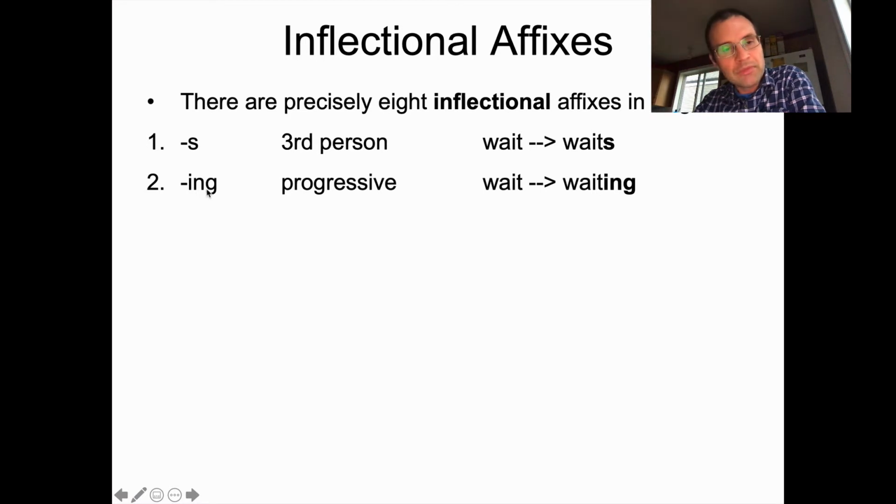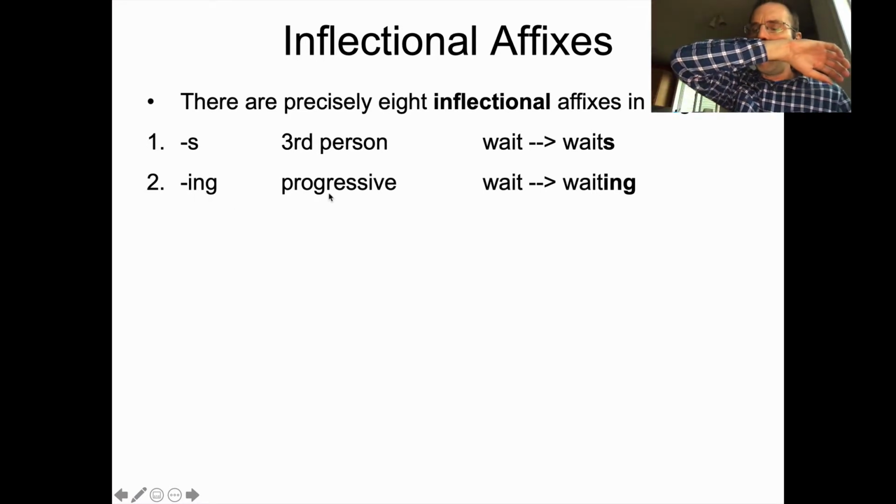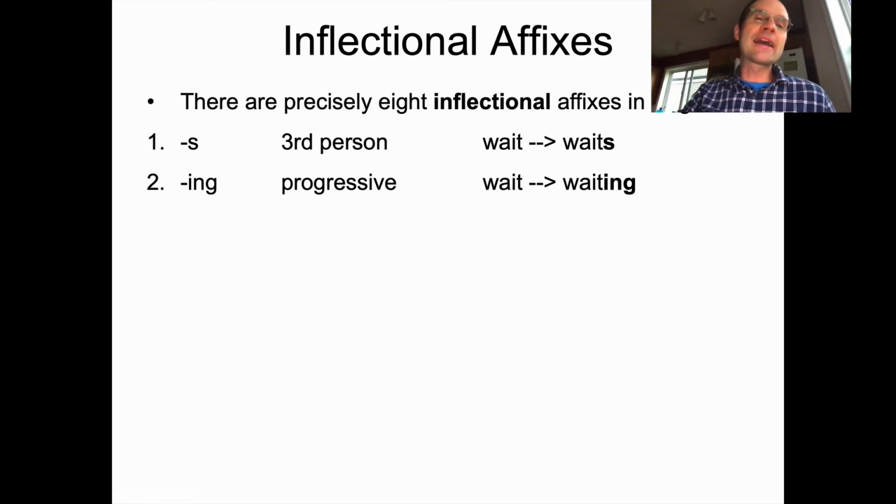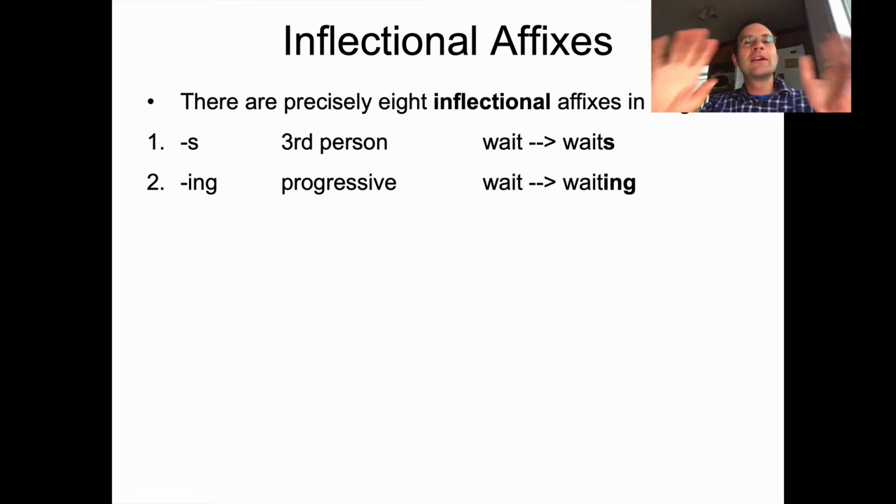Another inflectional suffix, which adds itself to what we call the progressive form of a verb, is the ing suffix. So I wait, you wait, he is waiting. So if you have "is" in front of the wait verb, you have to add ing to it.